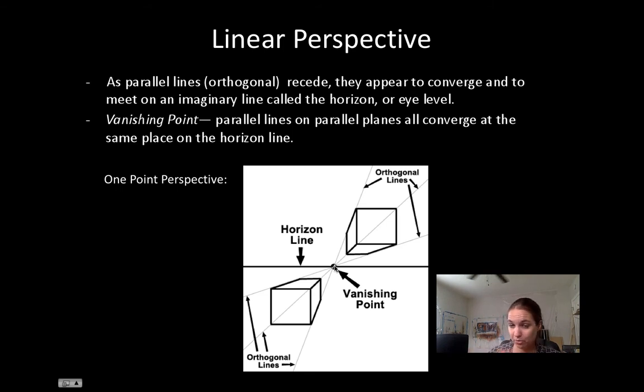In real life, in real space, not in 2D space, those lines are parallel, and they converge on the same place in the horizon line. So it looks like this. By using those lines to create a box, you have depth. And again, you're going to draw this. So if you don't really understand it just yet, draw along with the video and it will probably start to click a little bit.